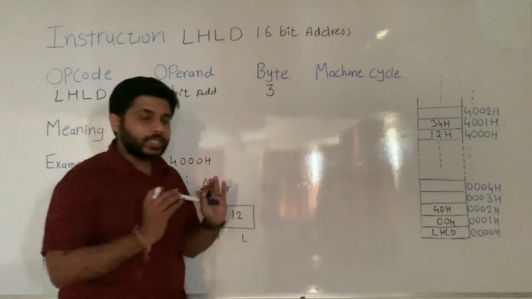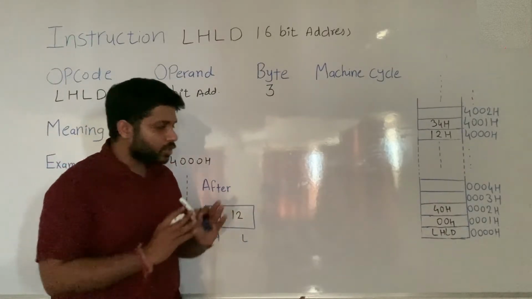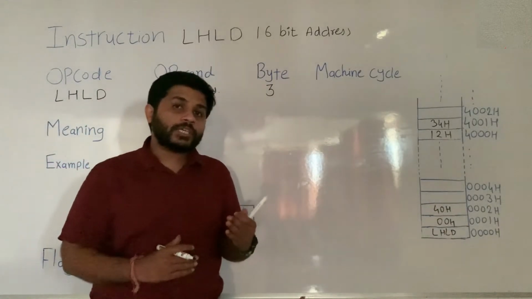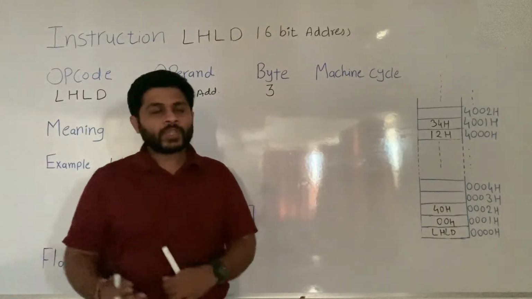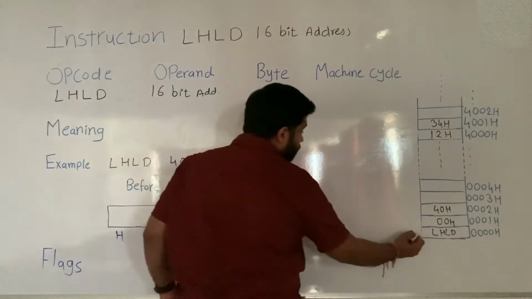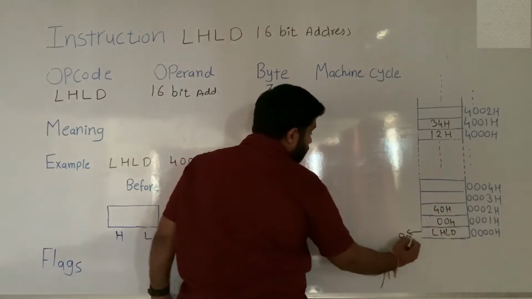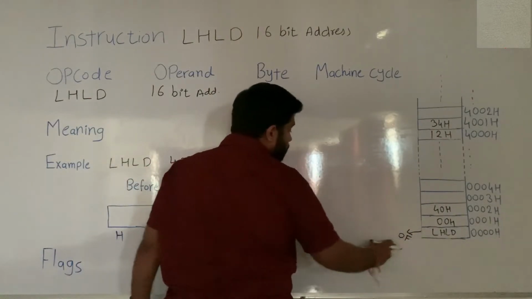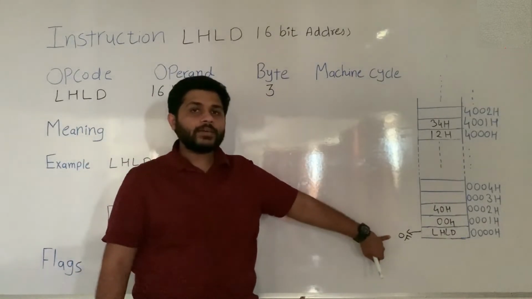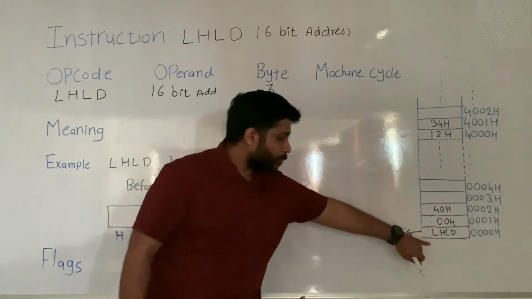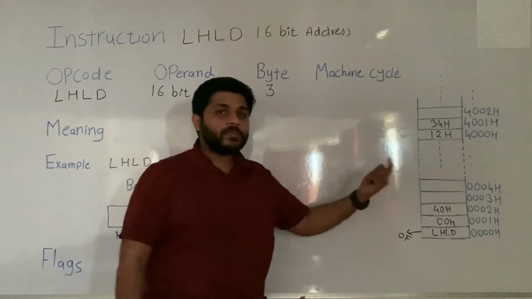After the instruction is stored in the memory, the processor will start performing its work, which is fetch, decode and execute. So in the first step, the processor will fetch the opcode. Now when the processor performs the opcode fetch, this whole instruction will not be read, because only the opcode will be transferred.